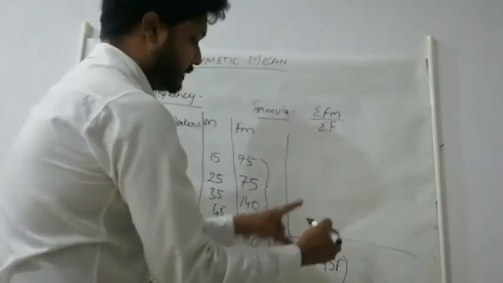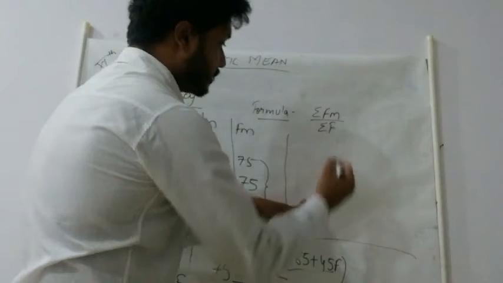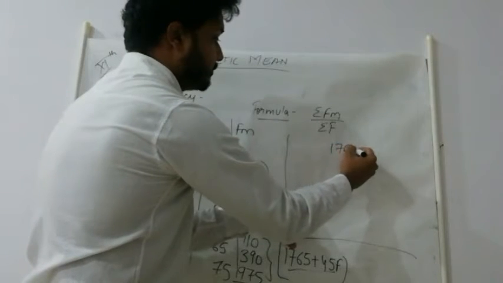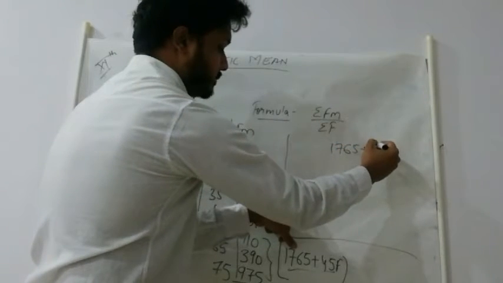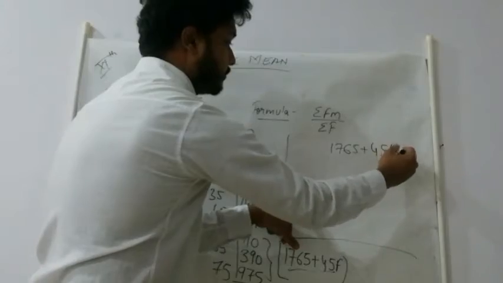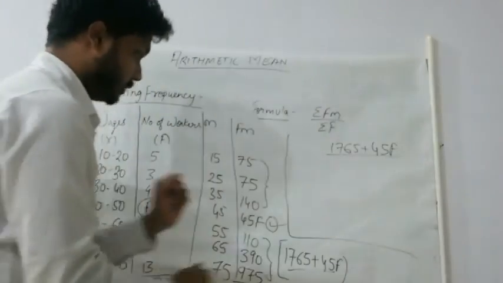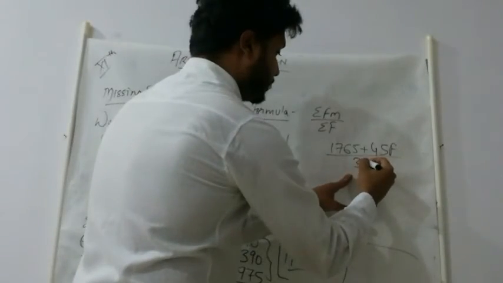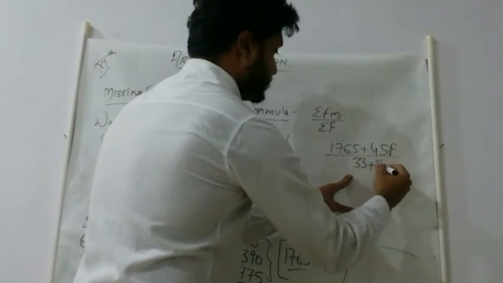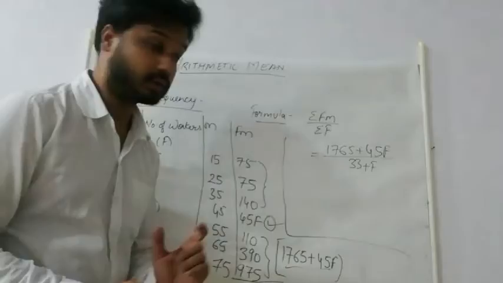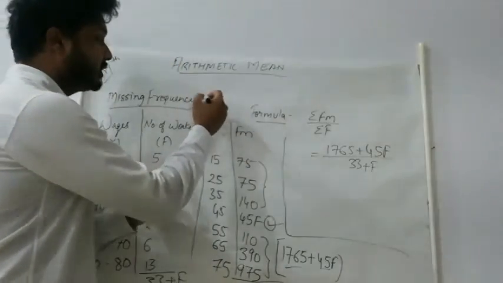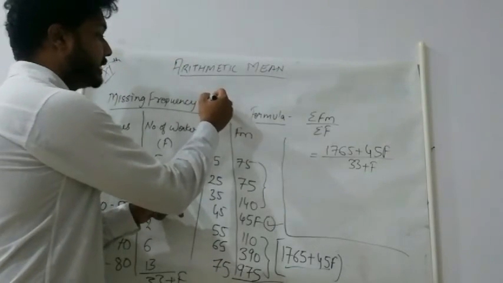Summation of fm, it is this value. So 1765 plus 45f upon summation of f, this value 33 plus f.